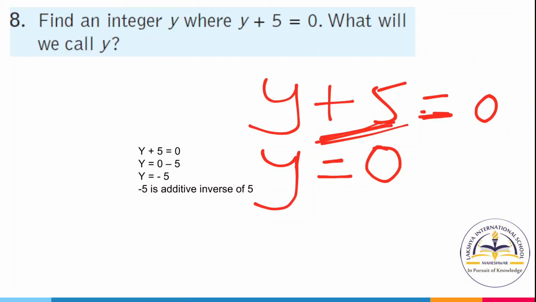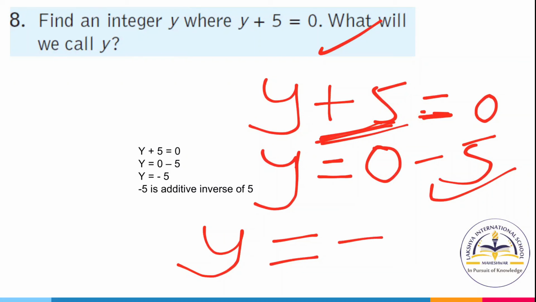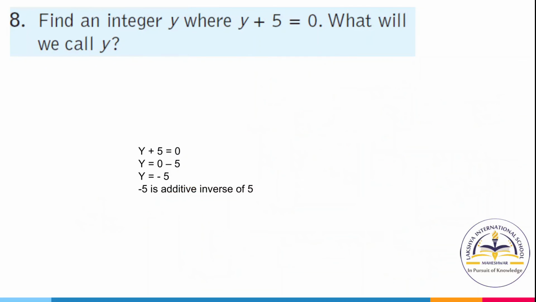So when we send plus 5 to the RHS, it will become minus sign. It will be of negative sign. Here it will be positive. So 0 minus 5, that is minus 5. So minus 5 is the additive inverse of 5.